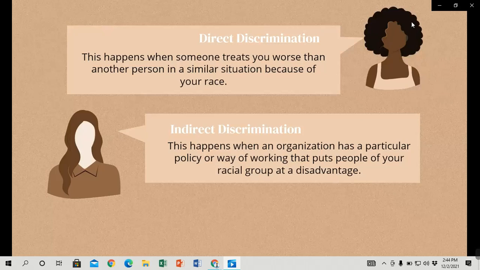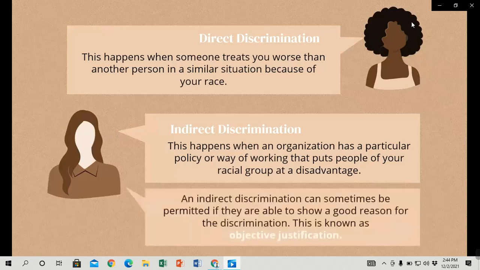It is just based on the beliefs of that person, who does not care what others feel or what happens to others, as long as he gets what he wants. So that is indirect discrimination.